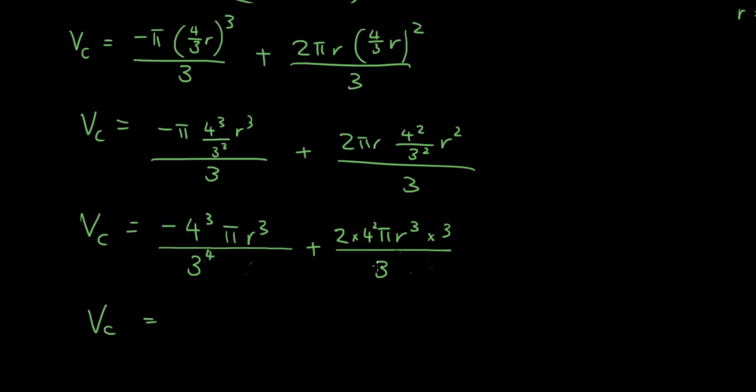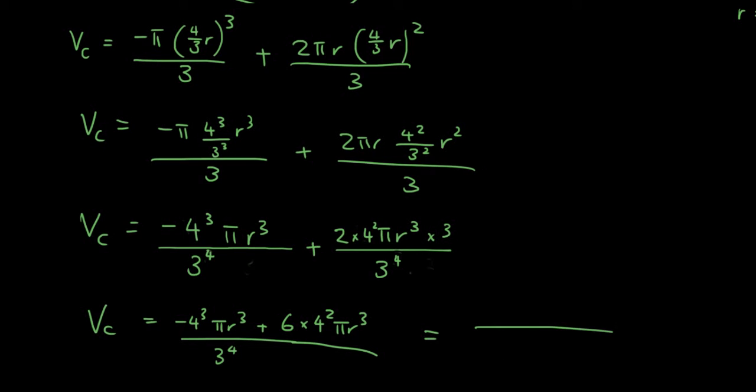So it'll be negative 4 cubed pi r cubed plus 6 times 4 squared pi r cubed, over 3 to the power of 4. Let's simplify that.